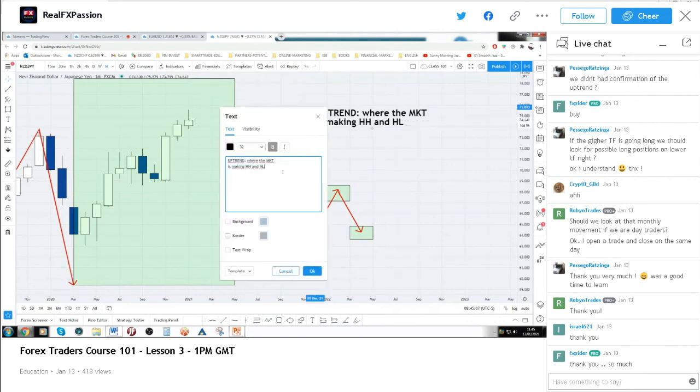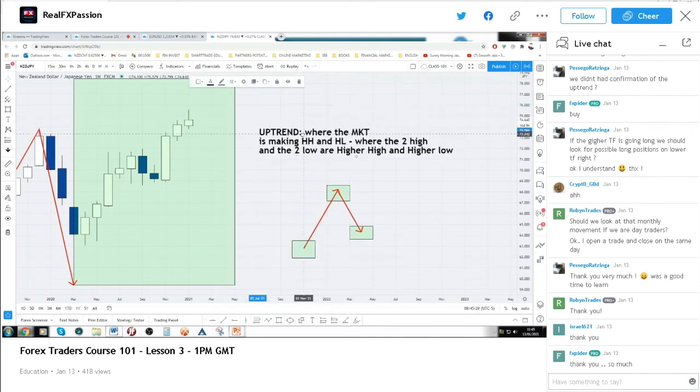Uptrend is when the market is making higher highs and higher lows, where it has two highs and two lows, where the second high and the second low are a higher high and a higher low. So absolutely correct, everybody, not yet. Now we have an uptrend.